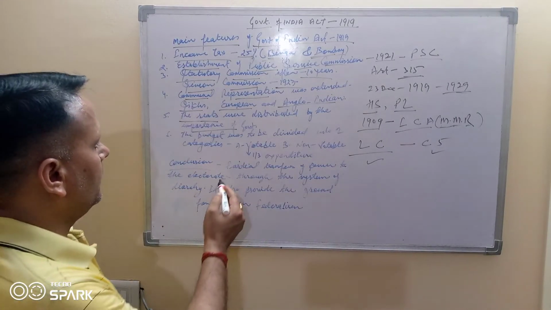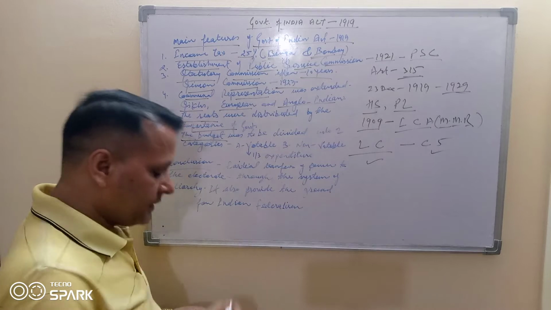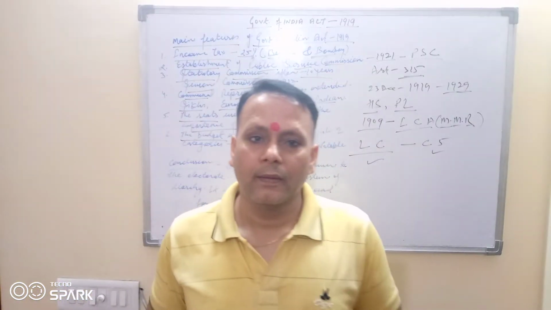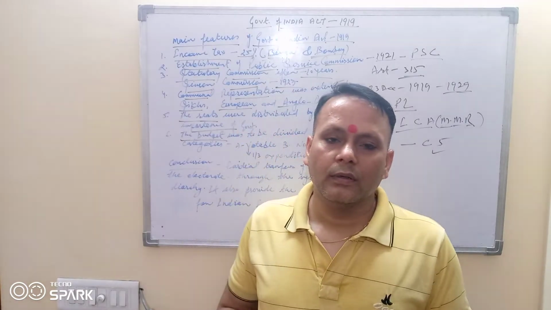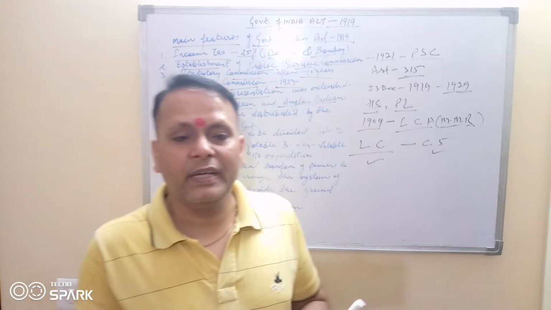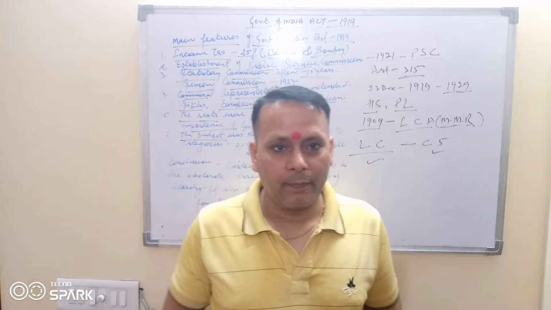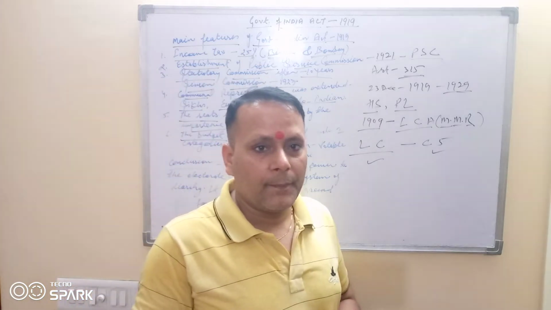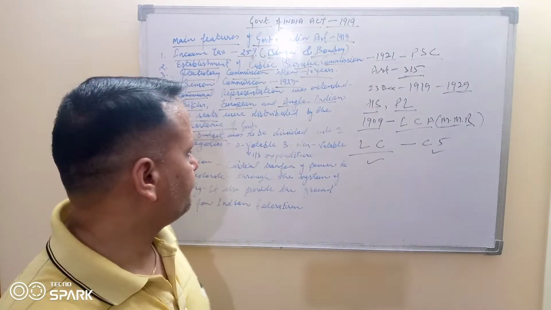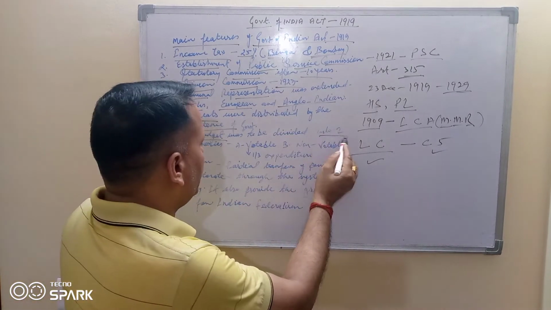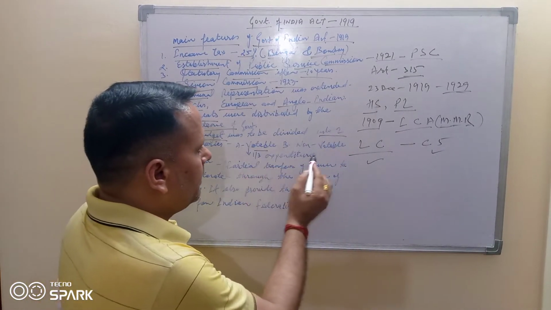Next thing, the budget. Budget is very important. What is budget? It's the annual financial report. It's the expenditure and income. Total expenditure, total income. This is our budget. And this budget is also divided into two categories, votable and non-votable.